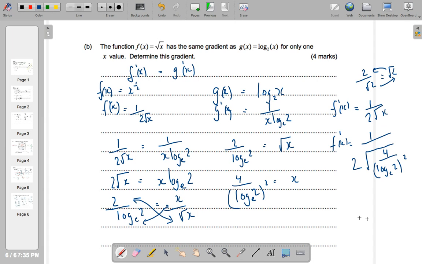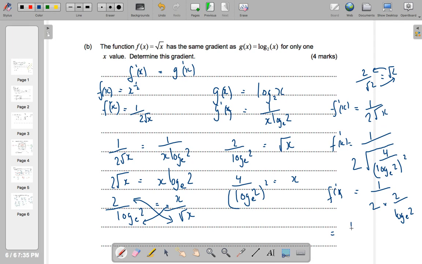Okay, so f dash x equals 1 over, so we've got 2 times the square root of 4, which is going to be 2, and the square root of log 2 to the base e squared is just log 2 to the base e.